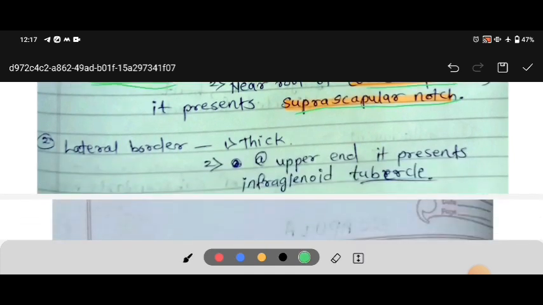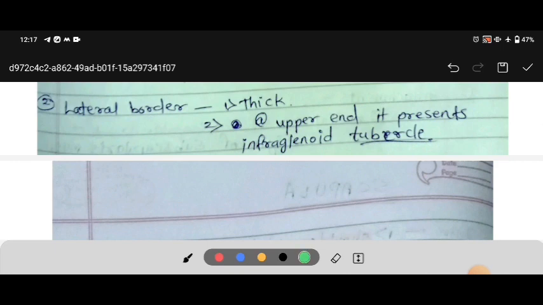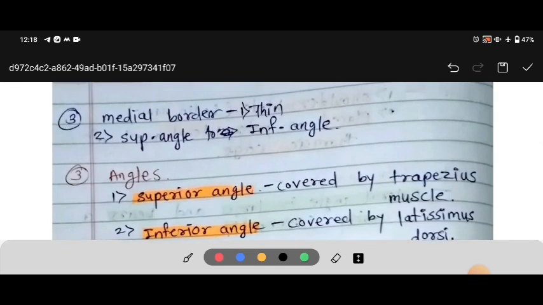And the lateral border is thick. You have seen in the diagram, it is thick, and the upper end presents the infraglenoid tubercle. I have shown you the infraglenoid tubercle also, which is present inferiorly, below the glenoid cavity. The lateral border is thick and has the infraglenoid tubercle on the upper end. The medial border is thin, you have seen it, and it extends from superior angle to inferior angle.